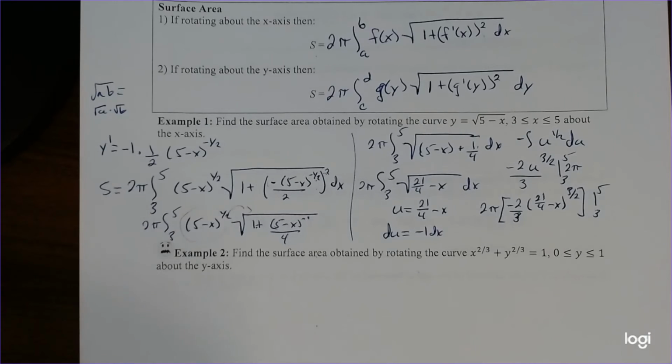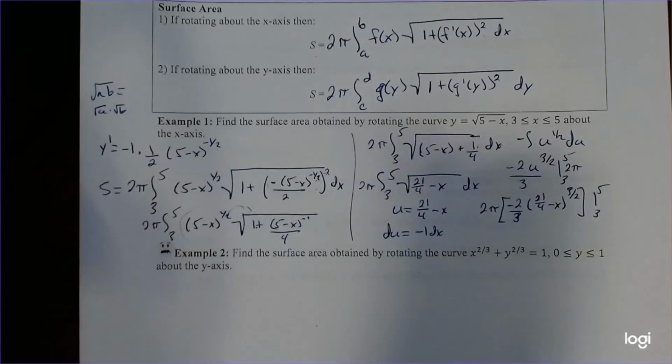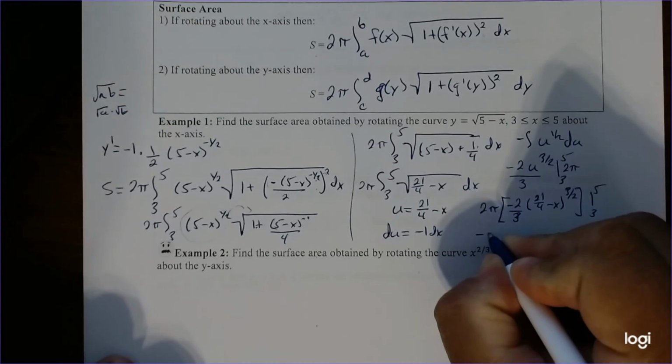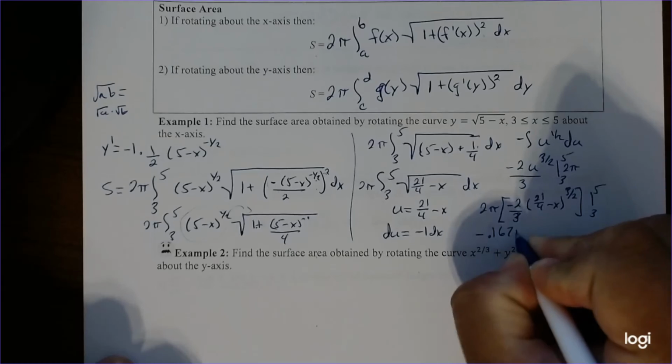For this one we want a calculator. 21/4 is 5.25. So that minus 5, raised to the 3/2 power, then times -2 divided by 3, times 2 pi, gives us -0.167 pi.